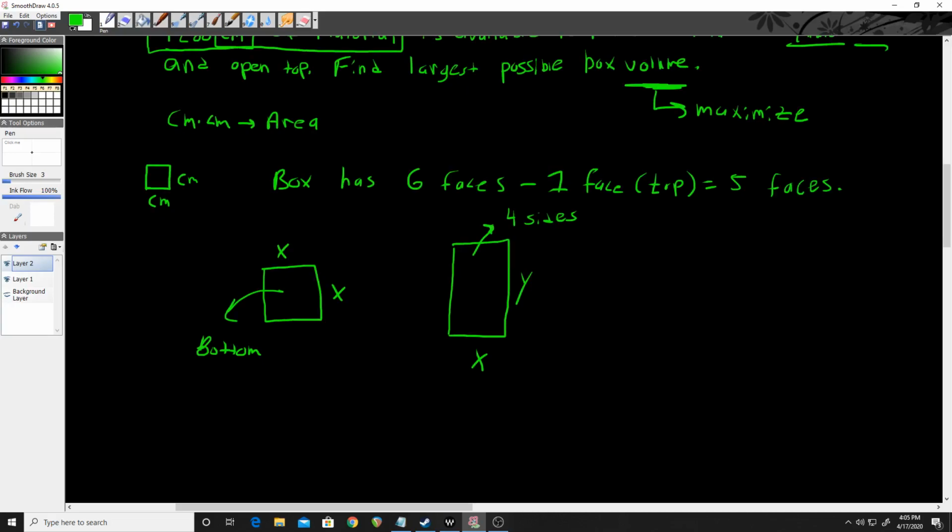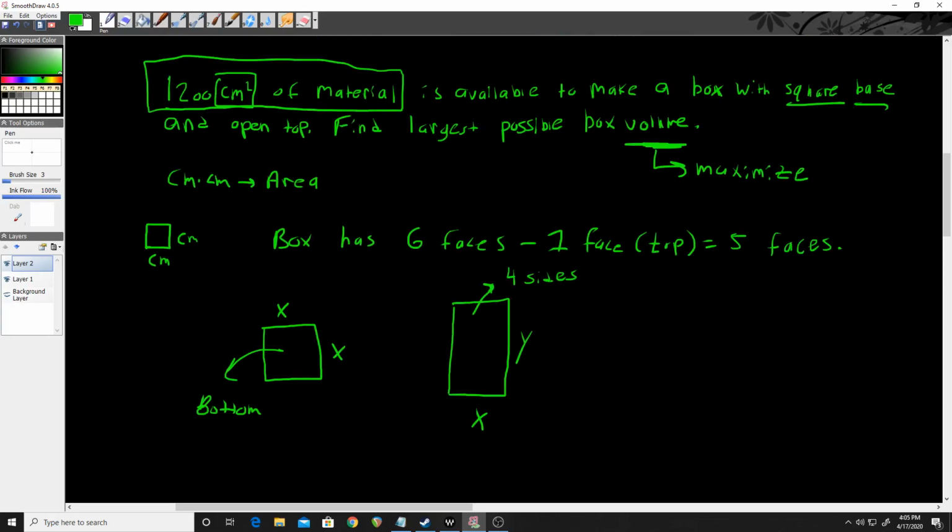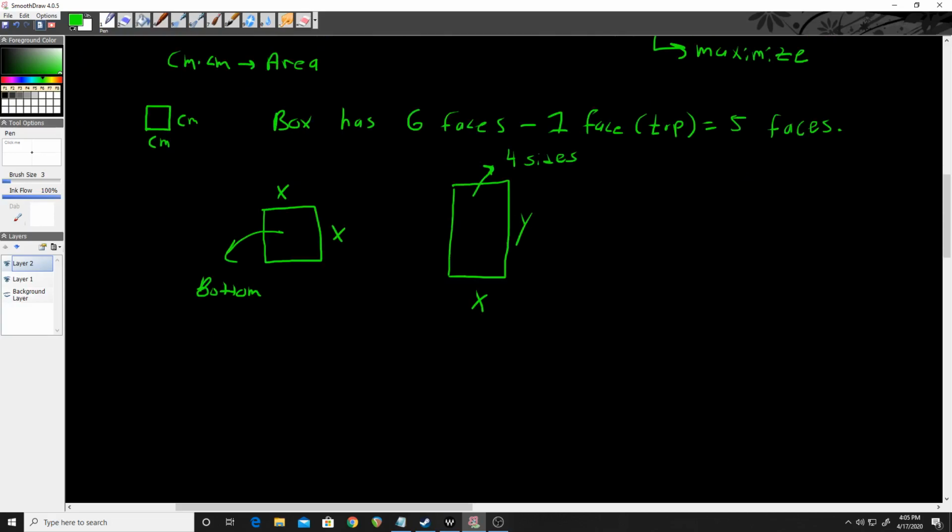Okay, so let's write down the total surface area of the box because that's what the constraint is. This is about the surface area, because this is the total surface area that we have to work with. And so we know that this surface area is going to be distributed between the different faces of the box.